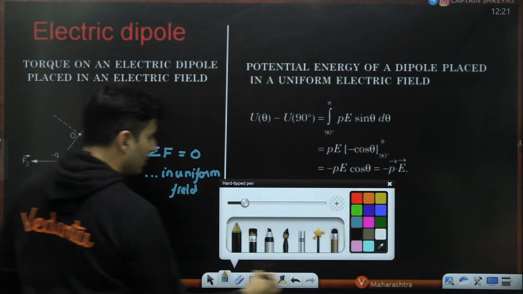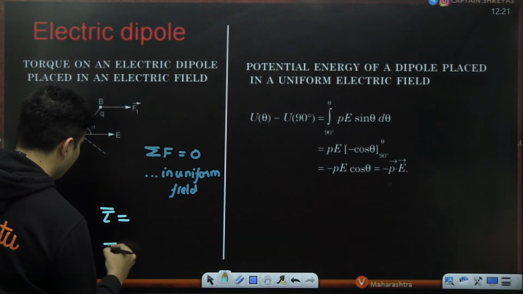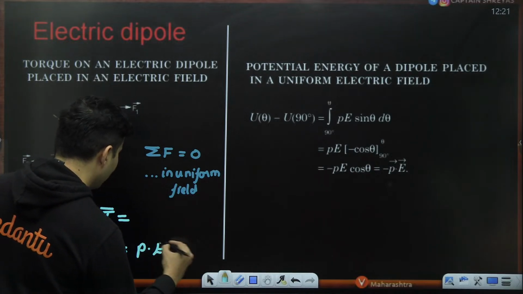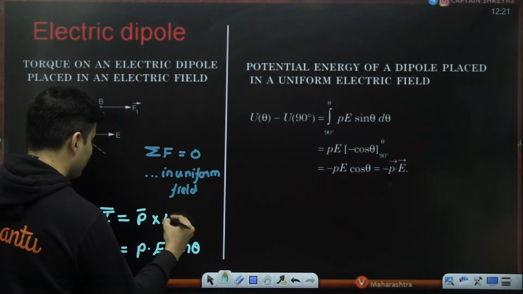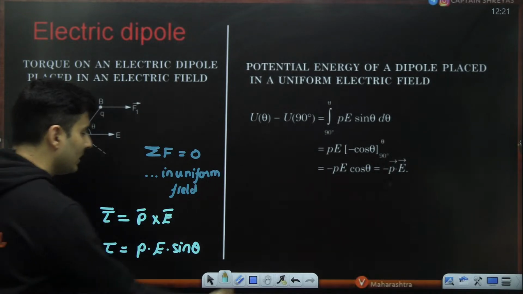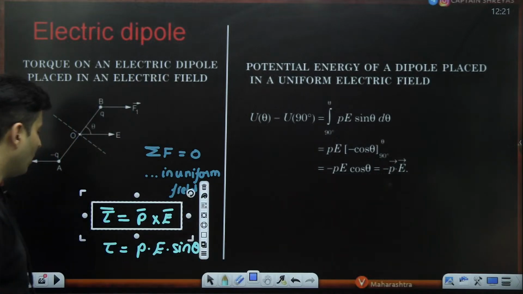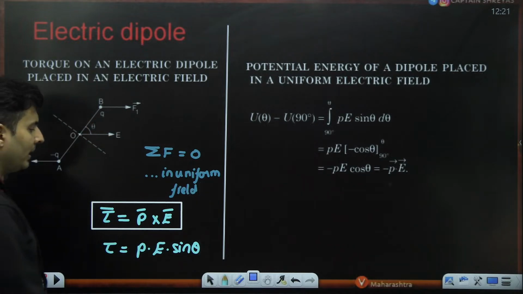But there is a torque acting on it, and that torque, magnitude wise, is dipole moment into the field into sine theta, but vector wise it is P cross E. So that is the value of the torque that you get. It is P cross E, or P E sine theta. Theta is the angle made by the field with the dipole moment.